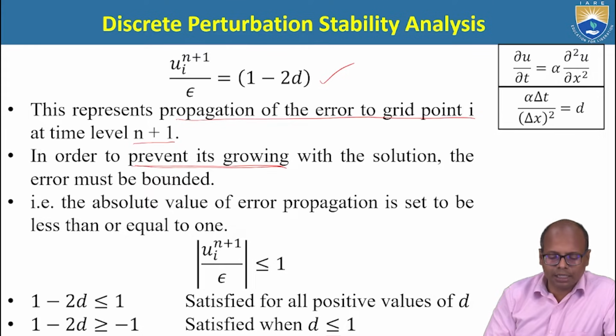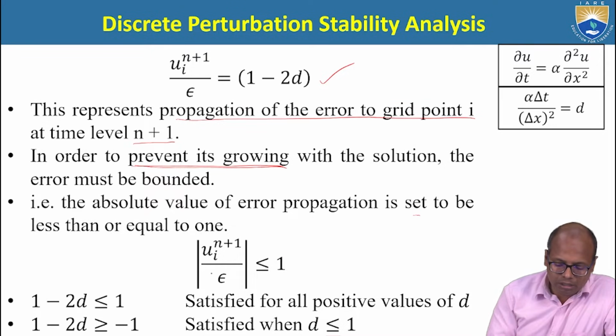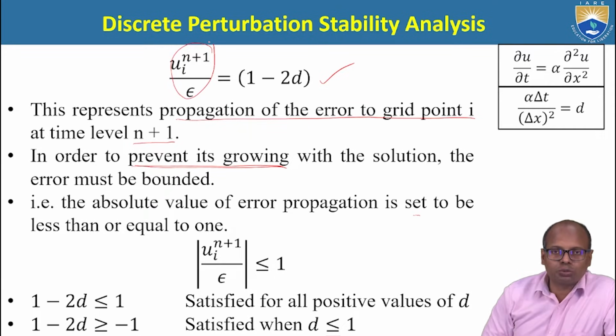The condition is that the absolute value of the error propagation is set to be less than or equal to 1. This is giving how the error is progressing.